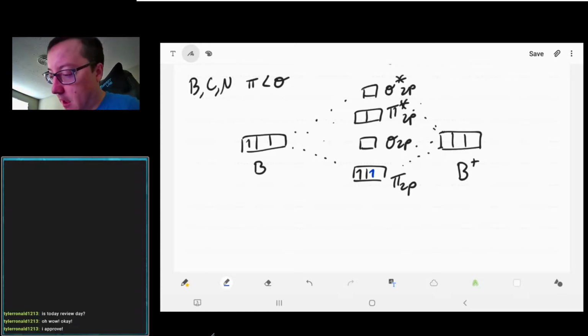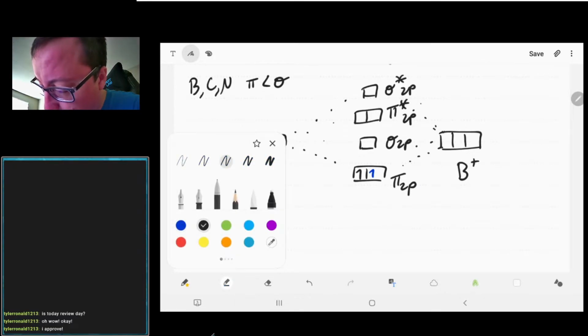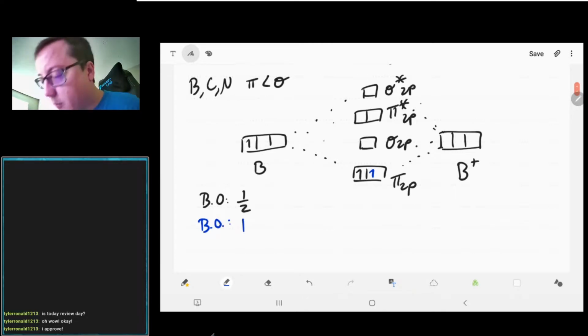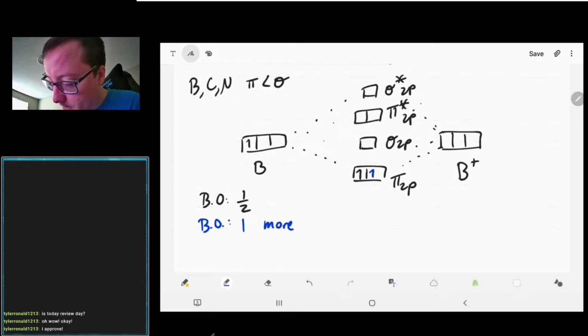That would mean we start with a bond order of 1/2. After we add the blue one in though, we go to 1. So that means it's going to be more stable. Of course, the more electrons you can dump into bonding orbitals, the better things are going to be.